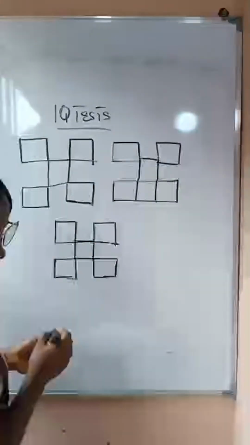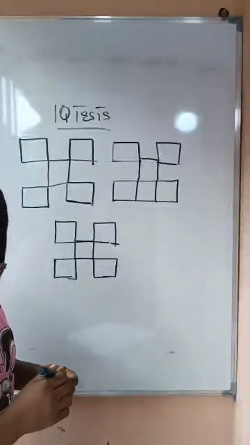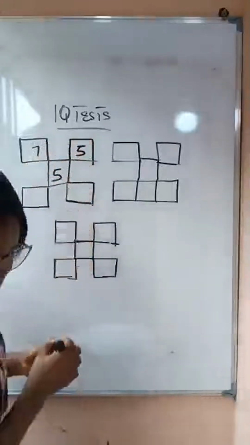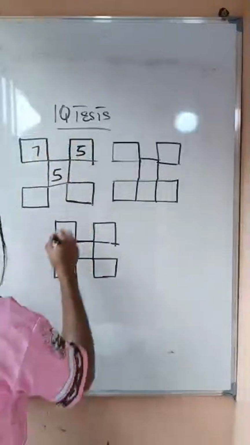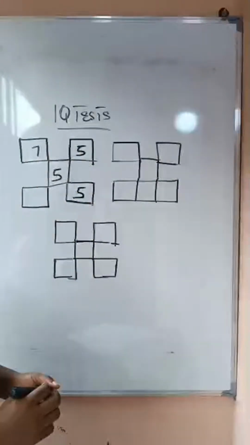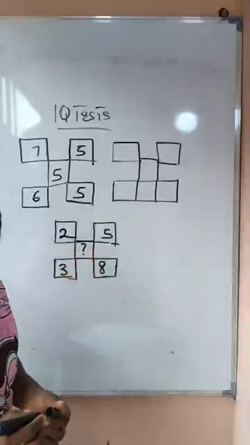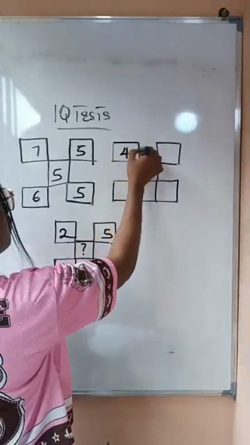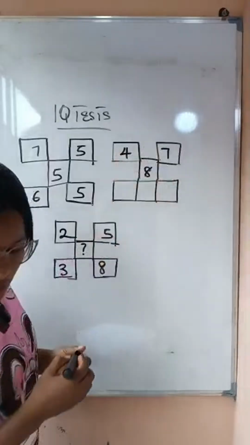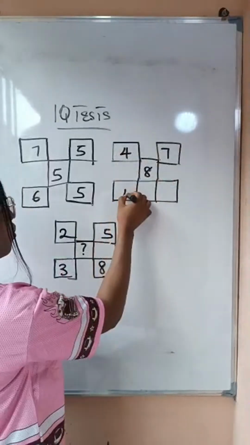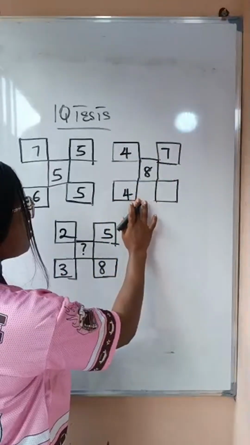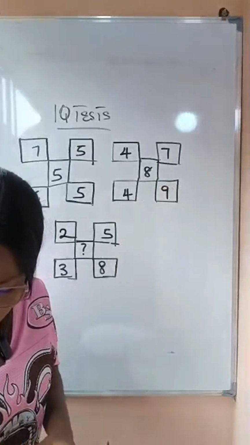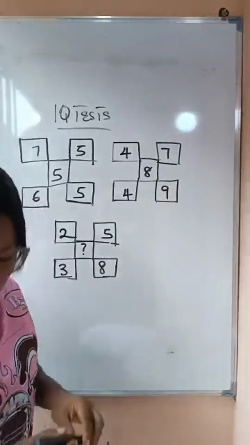Now, these are the figures or the digits we have. We have 7, 5, 5, and we have 5, and we have 8. Then we have 4, 7, 8, and we have 4, 9. So the question says we should fill in the missing numbers.